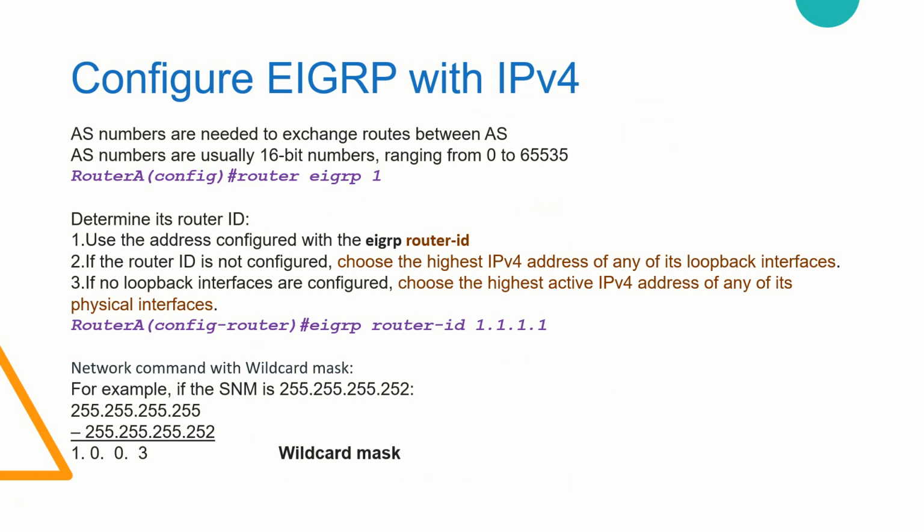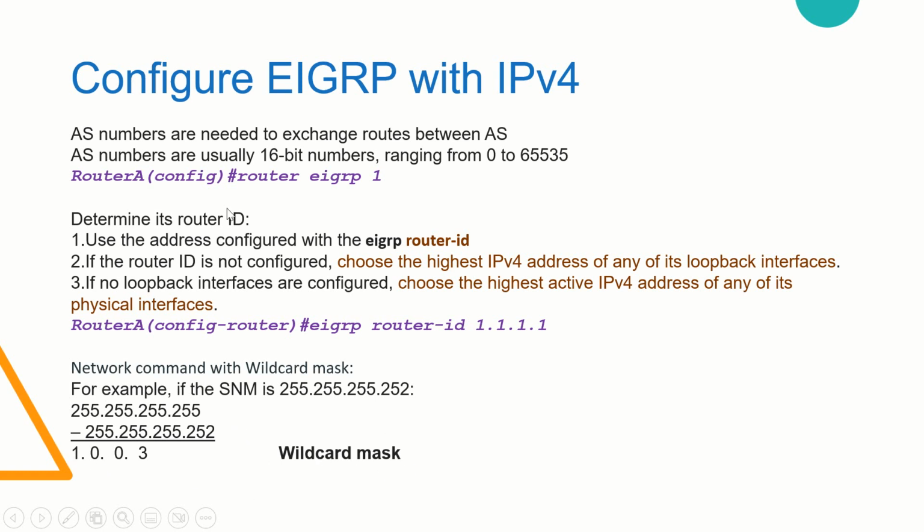A wildcard mask is similar to a subnet mask, but is calculated by subtracting the subnet mask from 255.255.255.255. For example, if you have a subnet mask /30 like 255.255.255.252, you can use this formula to calculate the wildcard mask.